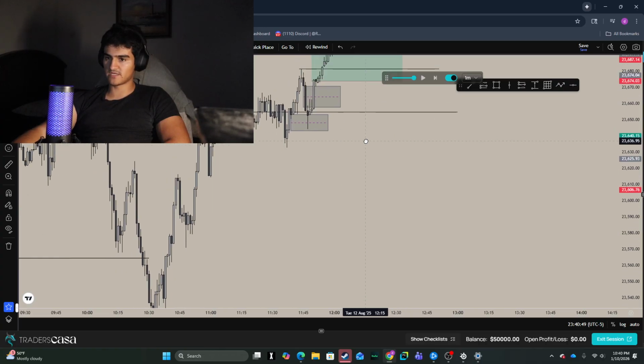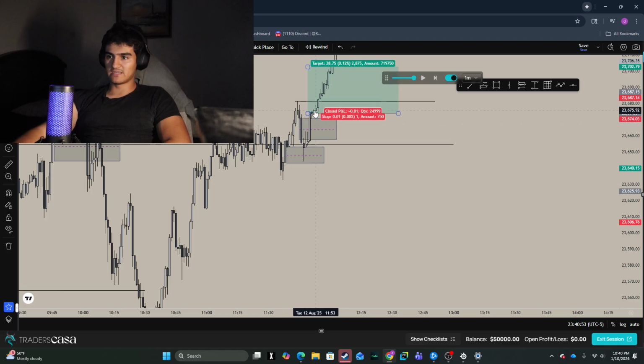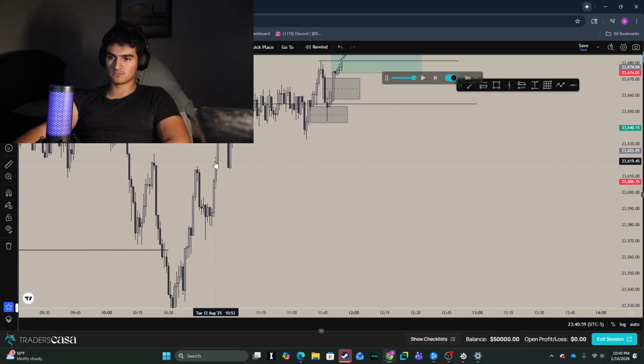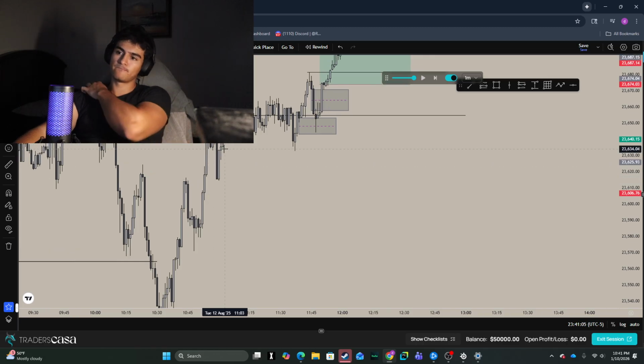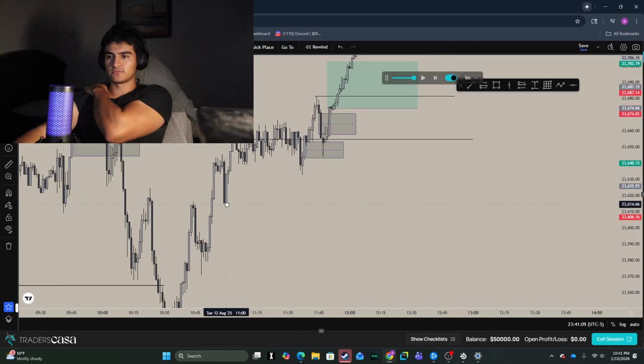nice support, nice everything. And we're not trading hoping that on the next candle it's not gonna inverse, like right here. Let me see, which one was it?